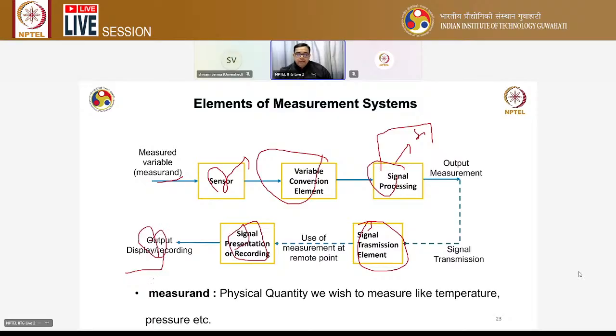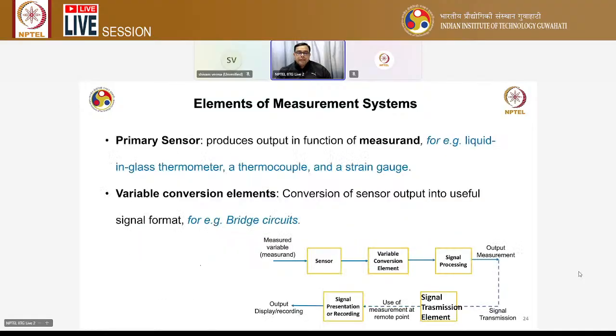And I discussed that you have a measurand, which is the physical quantity you wish to measure. It can be anything. It can be simple temperature, it can be pressure, and so on. Then you have a primary sensor which produces output as a function of the measurand. Then you have a variable conversion element which converts the sensor's output into a useful signal format.